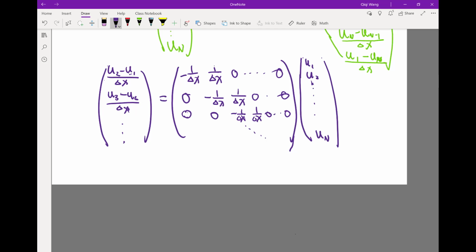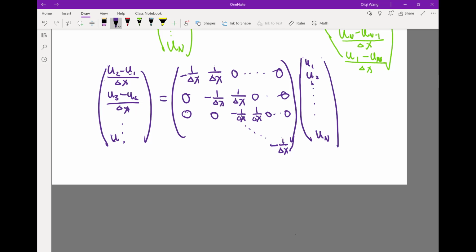Okay, and if it's a square, then this diagonal of minus 1 over delta x has to continue all the way to here, right? So the very last item is actually the same as the very first item, minus 1 over delta x. So where does the plus 1 over delta x go? Goes to the first column, yes, because of the periodic boundary condition.